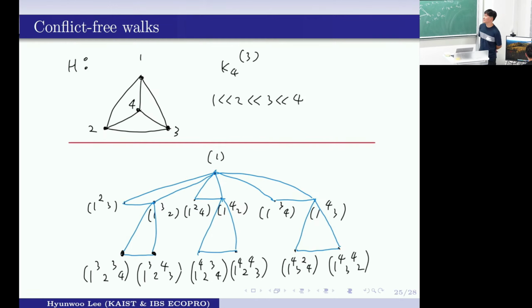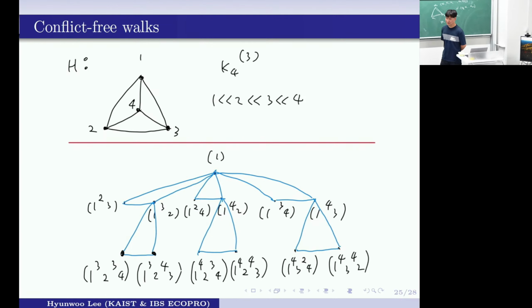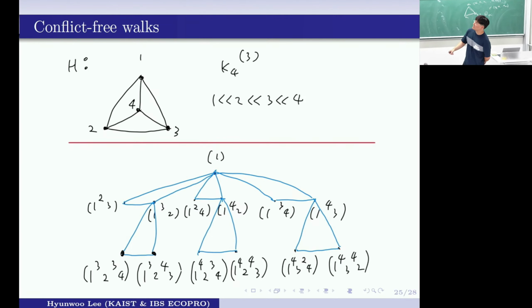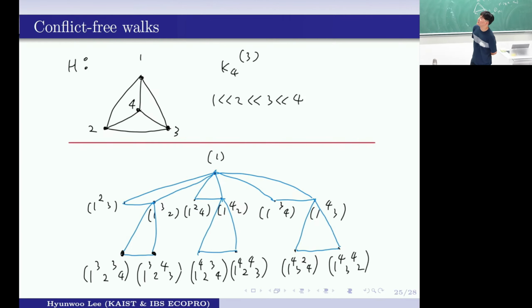For convenience, let H be the tetrahedron, the 3-uniform hypergraph which is a clique on the 4 vertices, and I will give it a natural linear ordering 1, 2, 3, 4.